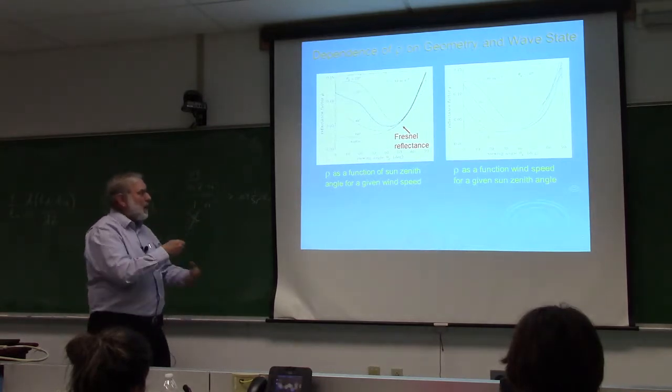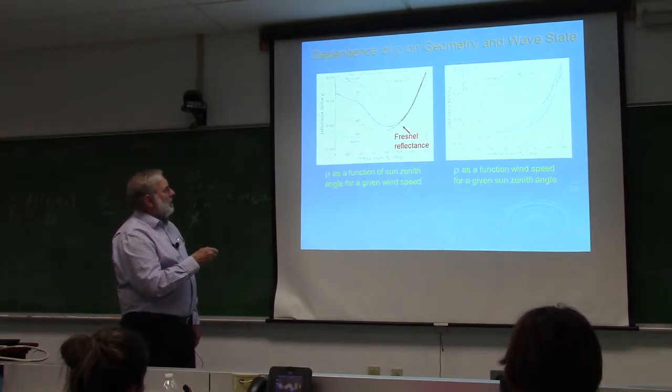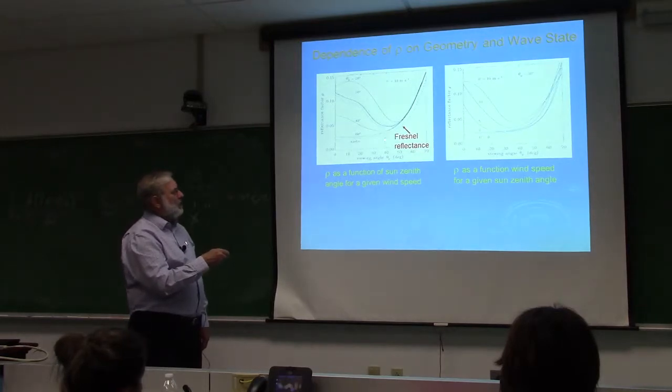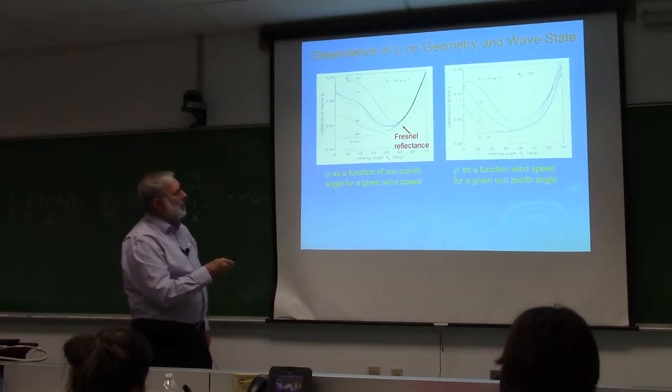So you do a lot of runs like this and say, well, for a sun angle of 40 degrees or so, I should be looking at a viewing angle of maybe 40 degrees off nadir.